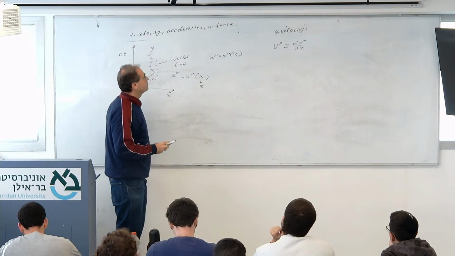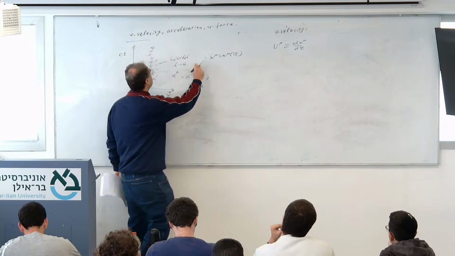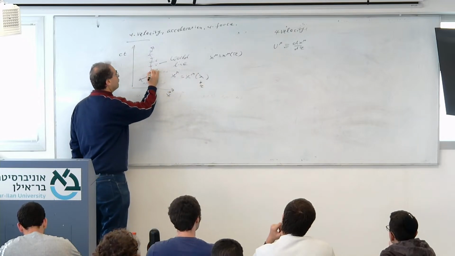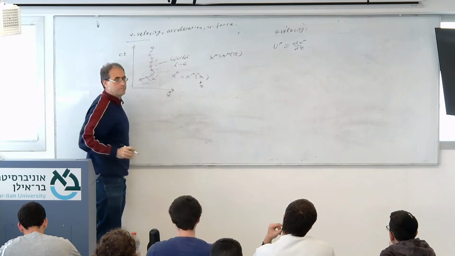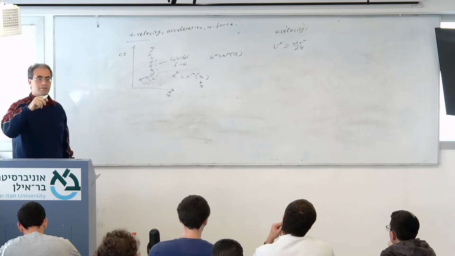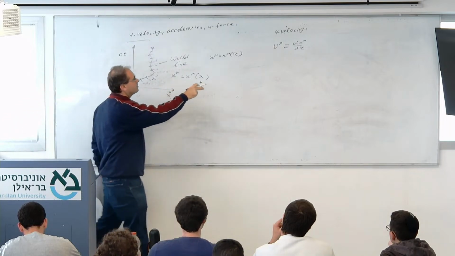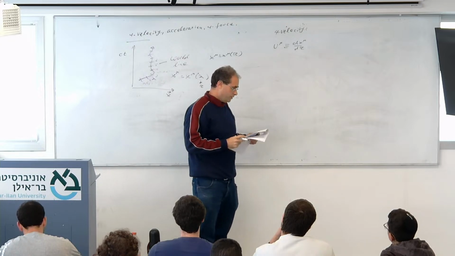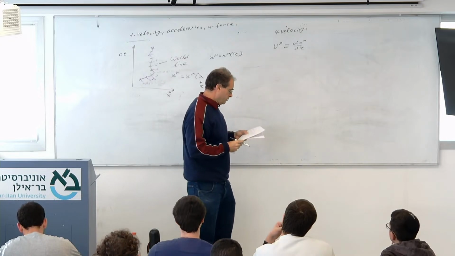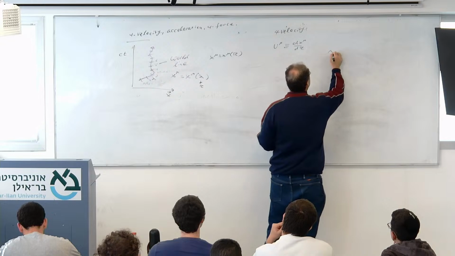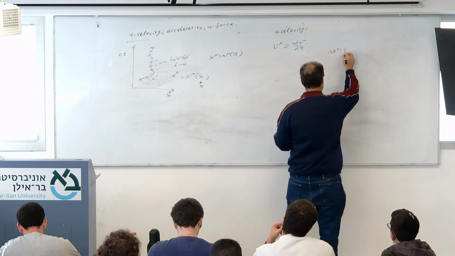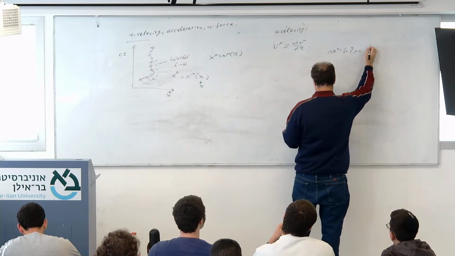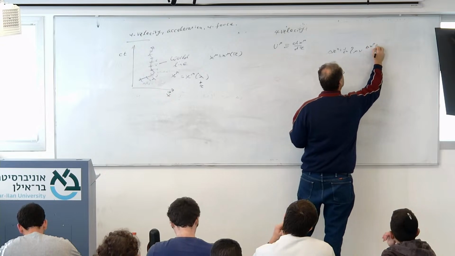So again, x^μ and u^μ are defined at every point along the world line. At every point there is x^μ, which is a function of tau, and also u^μ, which is a function of tau. Now remember that Δτ² is 1 over c² η_μν Δx^μ Δx^ν.